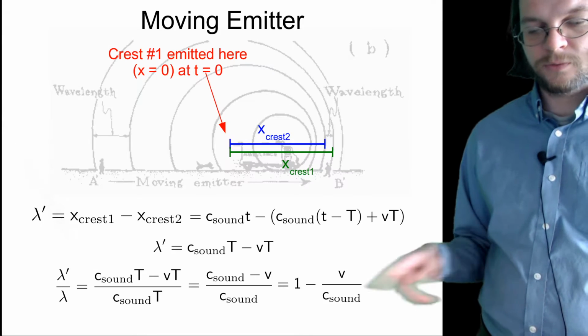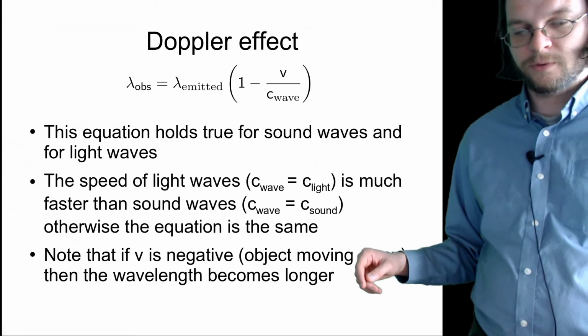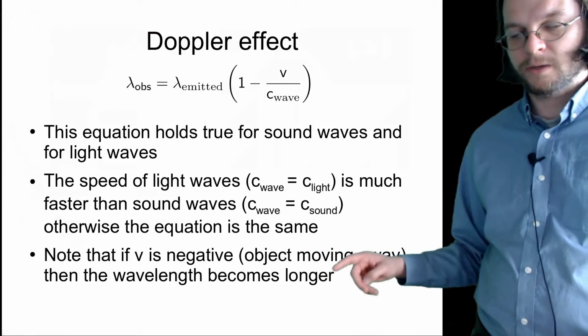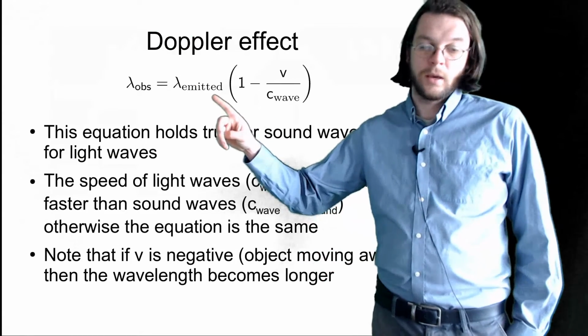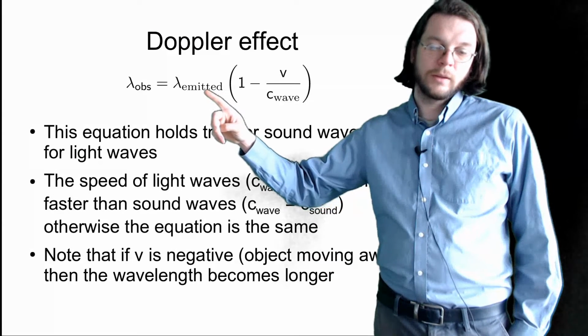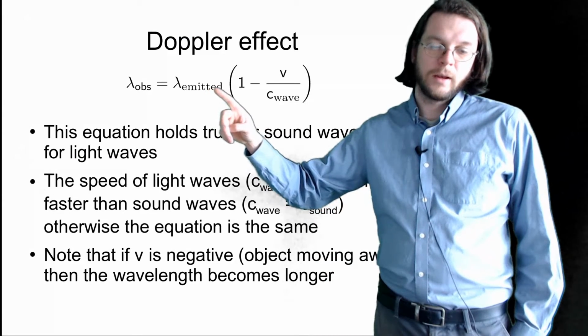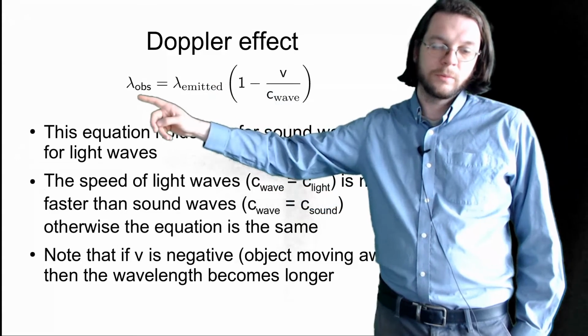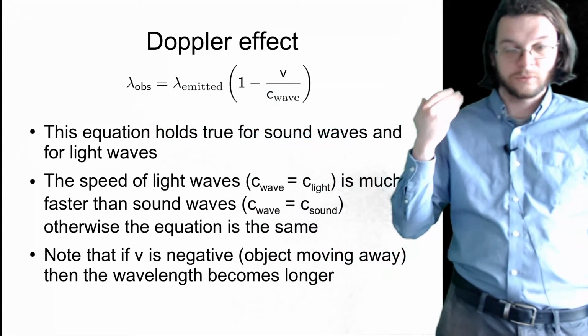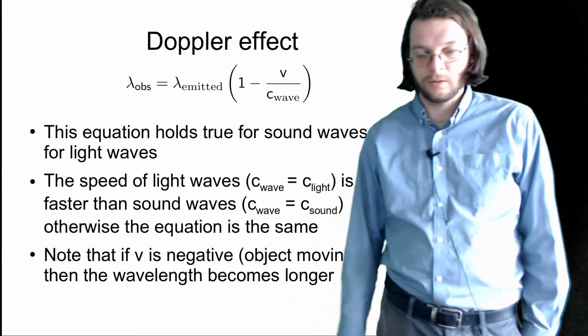So this is what I derived. You can also multiply both sides by lambda to get something like this. And the idea here is that the wavelength that is emitted is multiplied by this factor to become the wavelength that you actually observe with your ears or the microphone or whatever else you got.